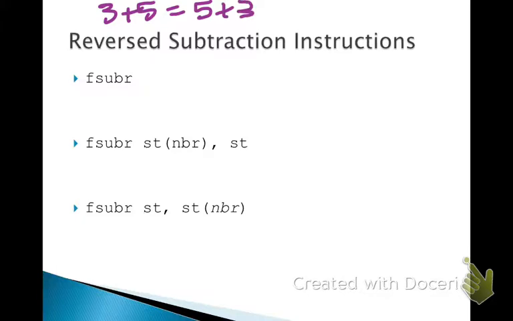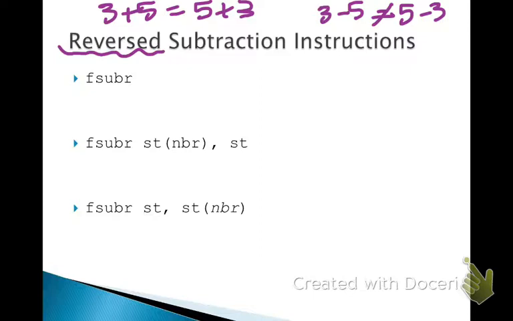Commutativity does not exist for subtraction. 3 minus 5 does not equal 5 minus 3. Okay, so because of that, I have some reversed subtraction instructions. These will do the same thing that the previous instructions did, however, the order of the operands will be reversed.